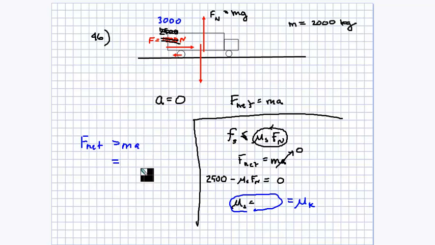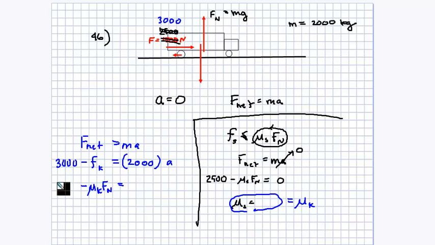But now we will have some acceleration. Our mass is 2,000 kilograms, the mass of the truck. Our net force is 3,000 in the positive direction, and now we've got some kinetic friction in the negative direction. That will equal mu k times the normal force. It's the same normal force, that hasn't changed, and the mu k we should have from our calculation of mu s.